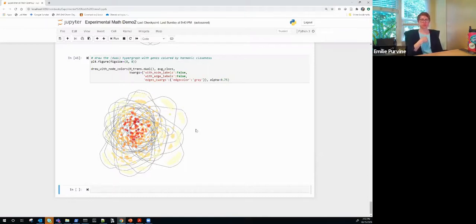So I'm not sure. I would imagine somebody somewhere has probably defined entropy of a hypergraph. And there's probably multiple ways of thinking about it, right? You have a degree distribution, so you could look at the entropy of the degree distribution. You could look at the entropy of the edge size distribution. So I guess the short answer is I don't know. The long answer is probably there's a lot of things you could compute the entropy of for a hypergraph.